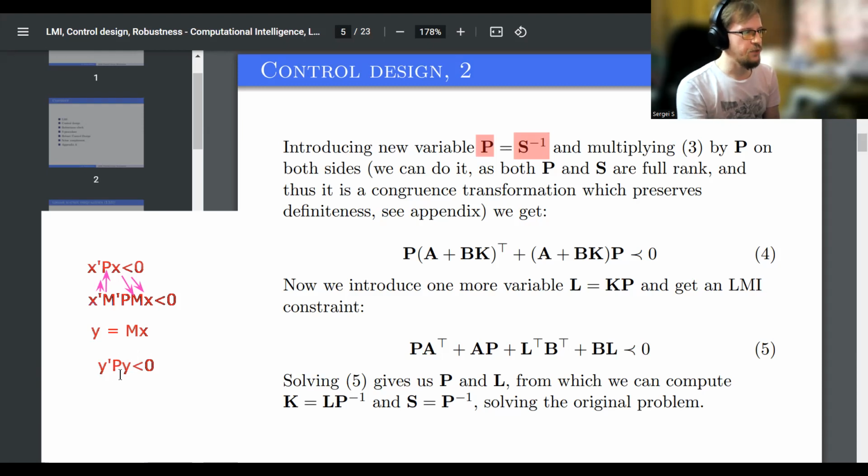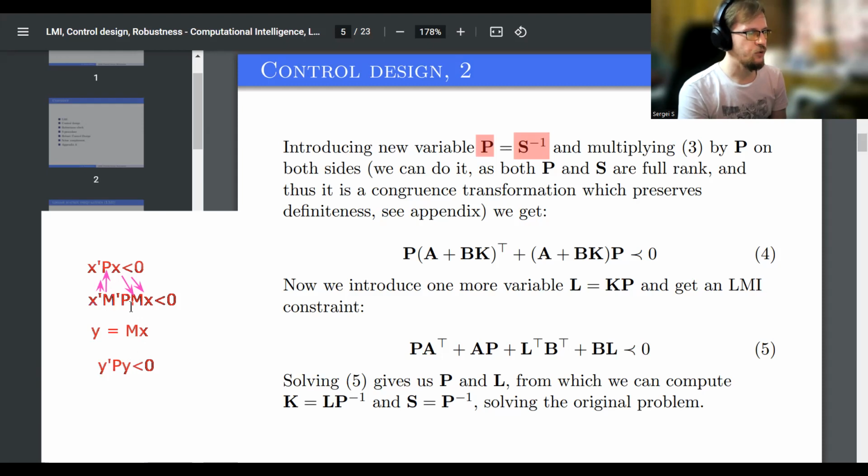Since M is a square and full-rank matrix, there is a one-to-one correspondence between y and x. So for every y, there is a corresponding x, and for every x, there is a corresponding y.